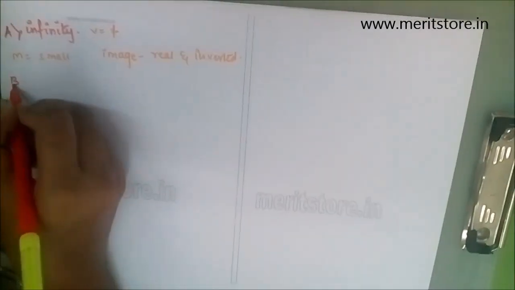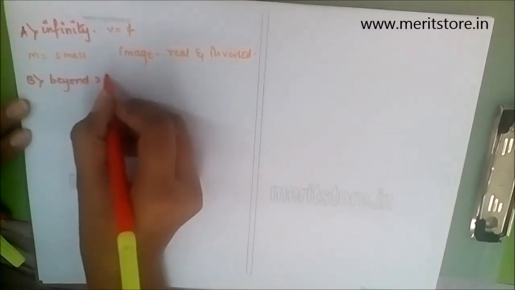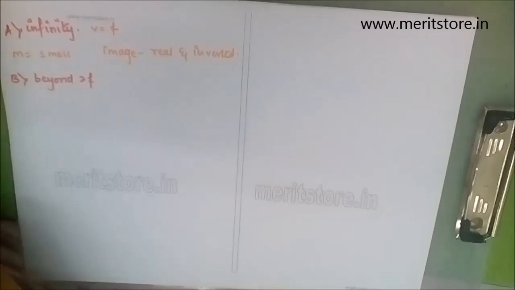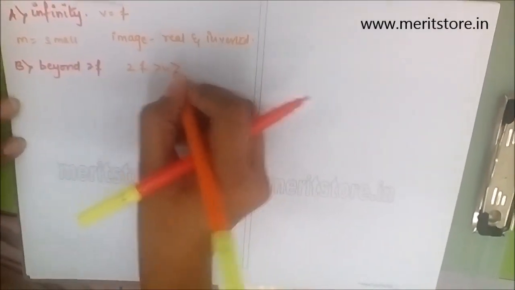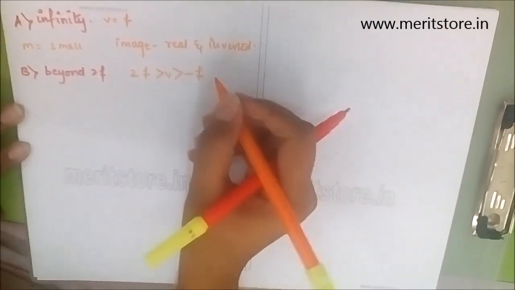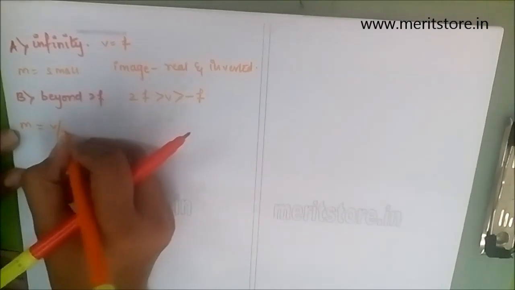When the object lies beyond 2f, then 2f is greater than v, which is in turn greater than f. The m is given as v by u, which is less than 1.